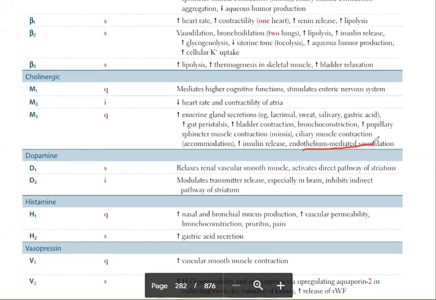Because of this endothelium mediated vasodilation, the patient will undergo hypotension, bronchoconstriction, and diarrhea because of the increased GI motility.